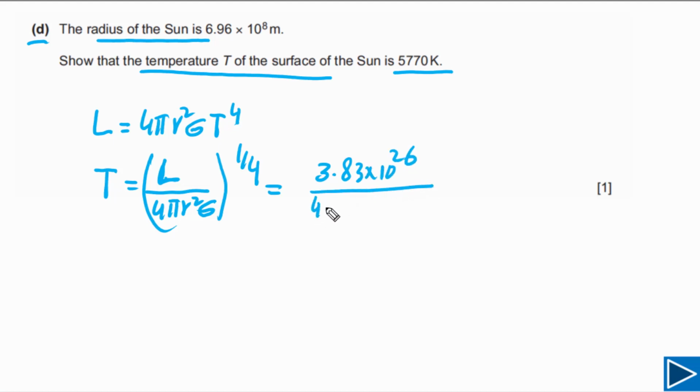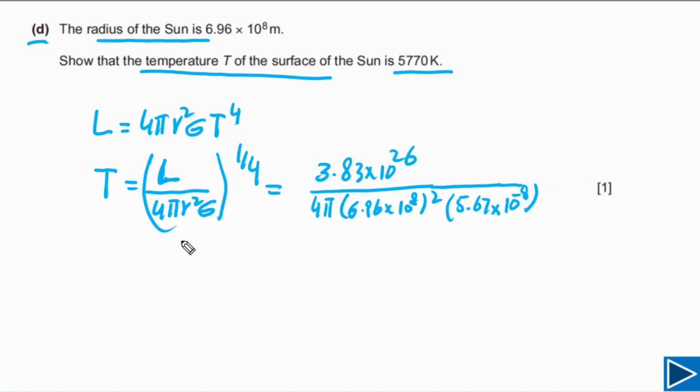We have to divide by 4 pi times r squared. Radius is given, that is 6.96 times 10 to 8, squared, and sigma is the Stefan-Boltzmann constant. The value of sigma is 5.67 times 10 to negative 8.